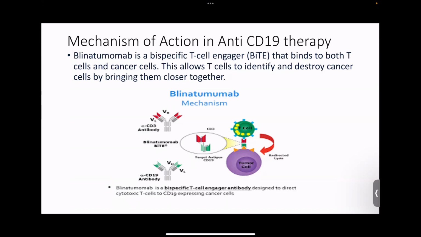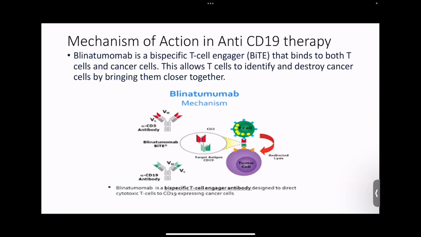Whenever we give a patient blinatumomab, the CD19 positive receptors will be gone. If the CD19 receptor is gone in a B cell, then how can we identify the B cells? CD19 is the most specific B lineage marker, the most potent B cell marker.